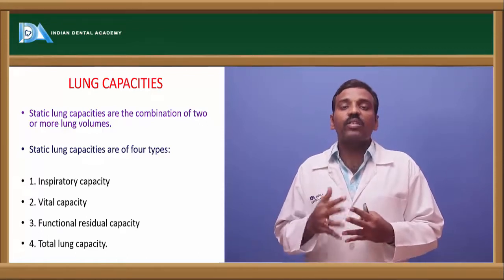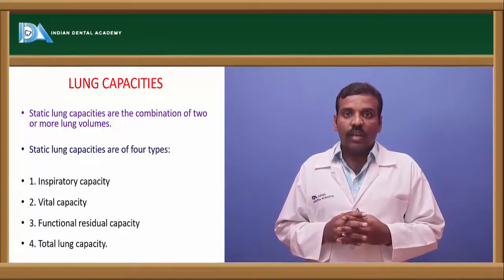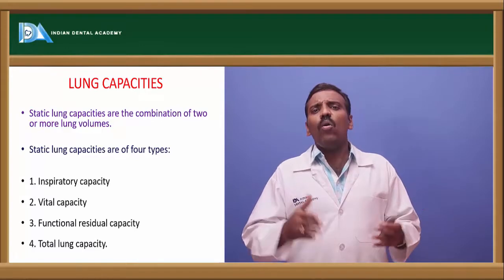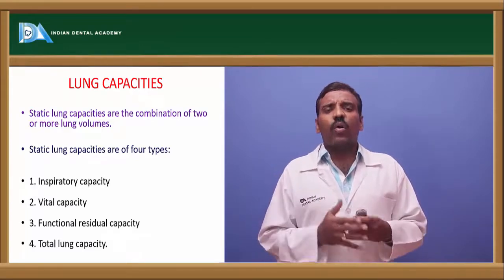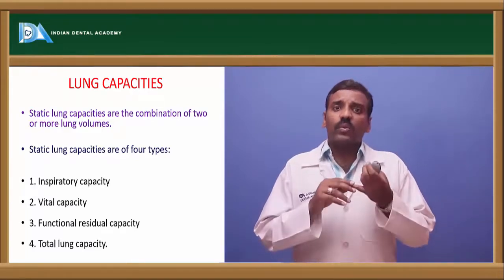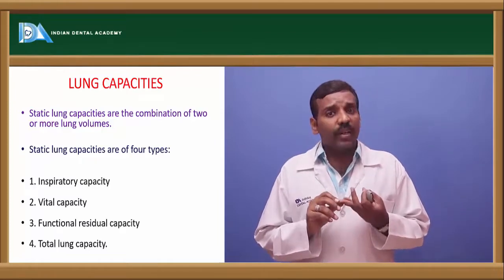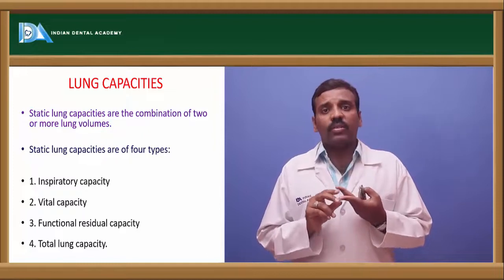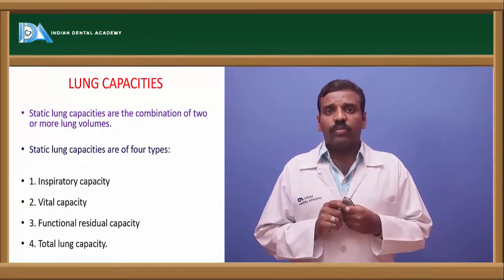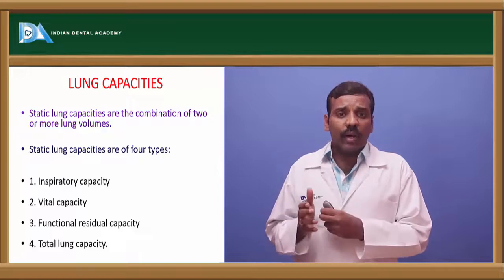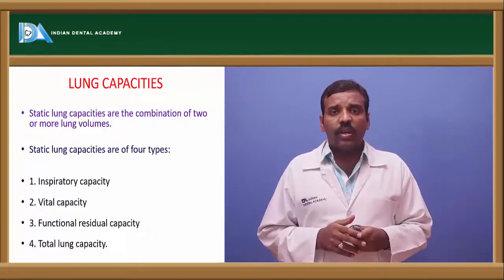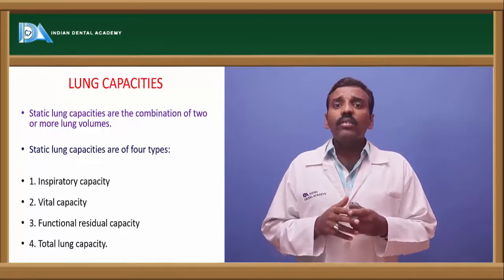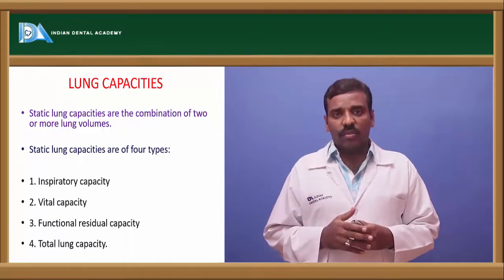And next one is total lung capacity, including all lung volumes: tidal volume plus inspiratory reserve volume plus expiratory reserve volume plus residual volume. This is what we call total lung capacity.